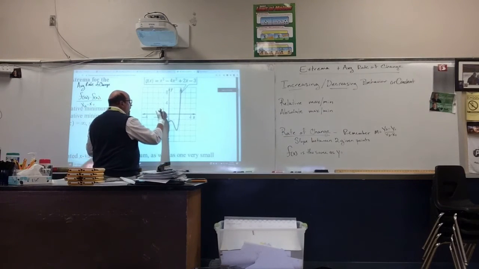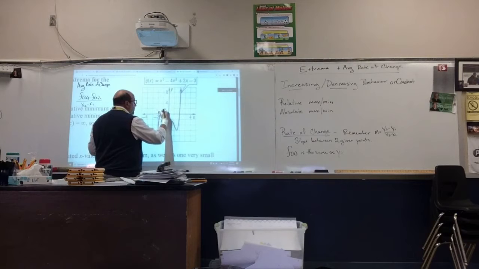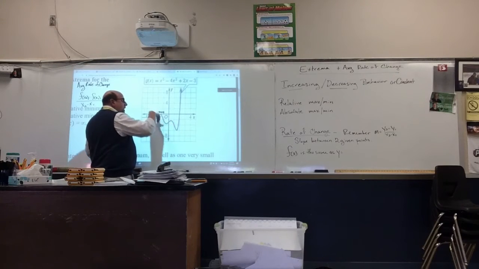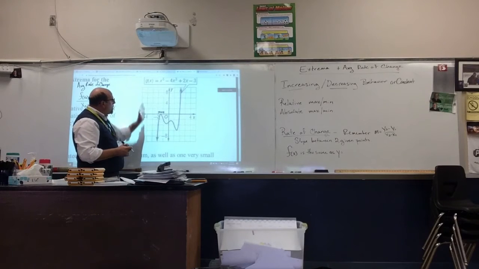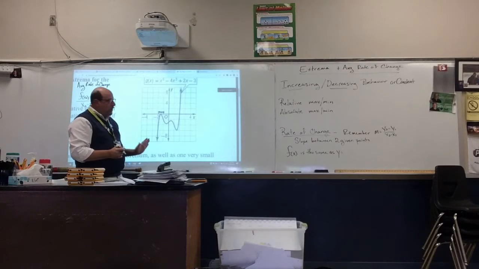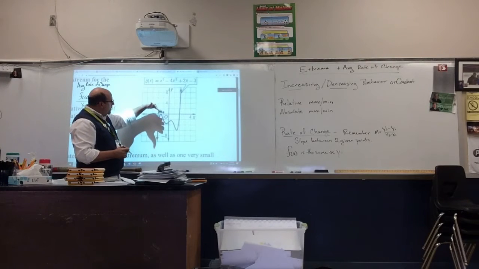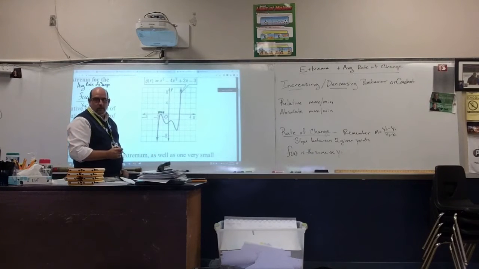This is a maximum because it's a peak. So a relative maximum or an absolute maximum is a peak. It's where the graph goes up, stops, and turns around.